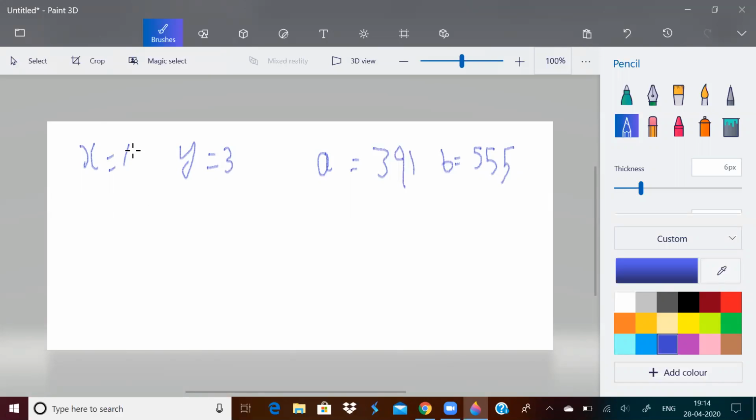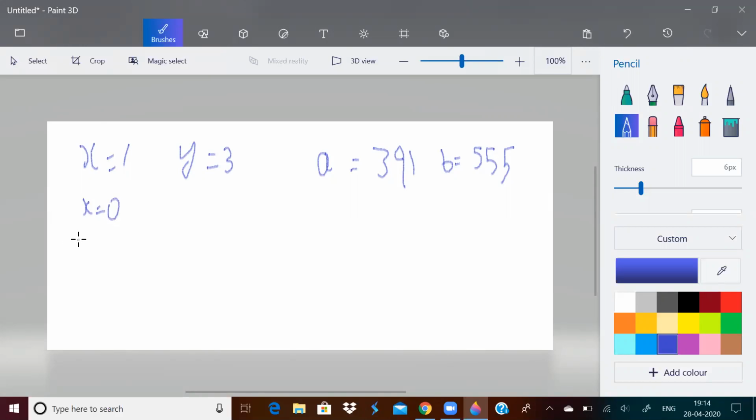Now we have to make x and y both equal to 0. So what kind of operations can I do? I can make x 0 and then y 0 by just using $a. I can do one operation and make x equal to 0.